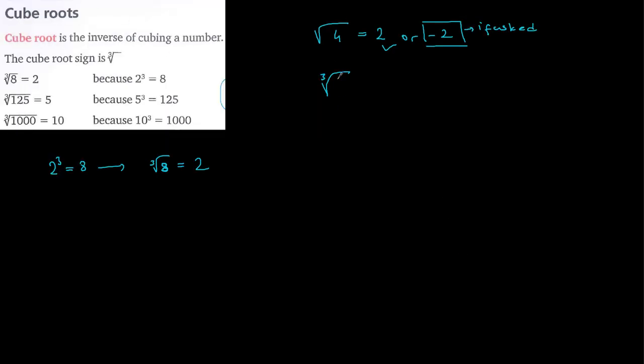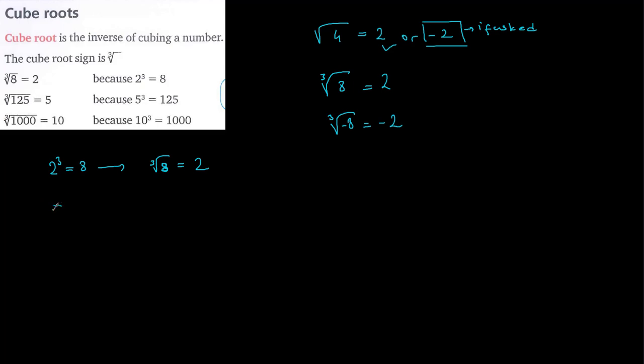For the cube root of 8, we don't have that problem. It's equal directly to 2, because the cube root of a negative number is also negative. So when the number is positive, the cube root of it should be positive. When the number is negative, the cube root of it should be negative also. We should know that one also.